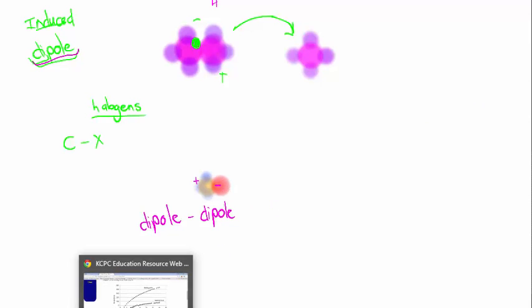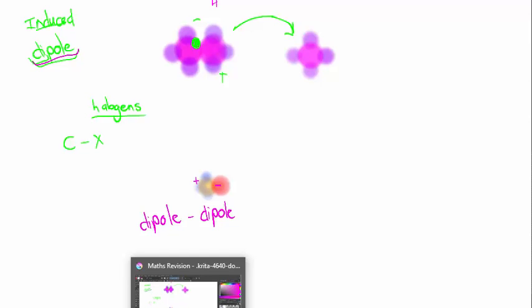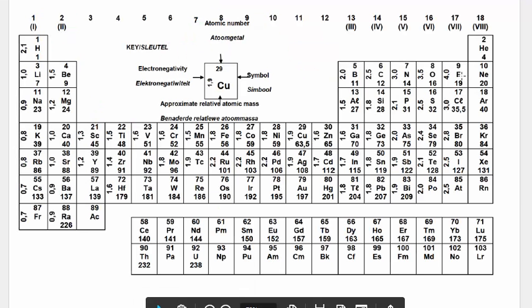So chlorine, bromine. Bromine starts getting a little bit low because now we're at 2.5 and 2.8. But the size of bromine, remember they increase in size.